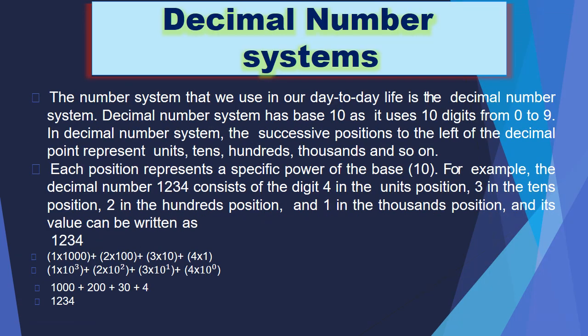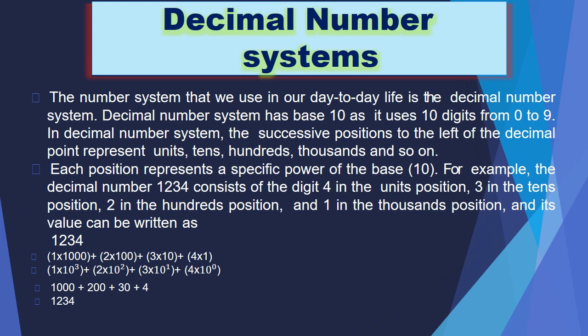So now first we will learn about the decimal number system. A number system that uses 10 different digits to represent a value is known as the decimal number system. It is also called the denary number system. The base of the decimal number system is 10.